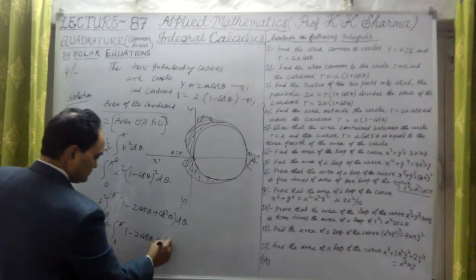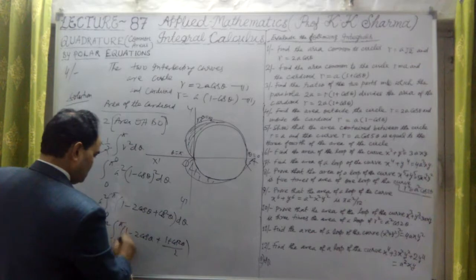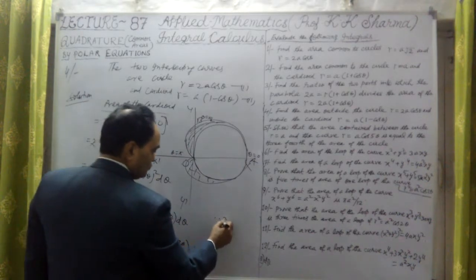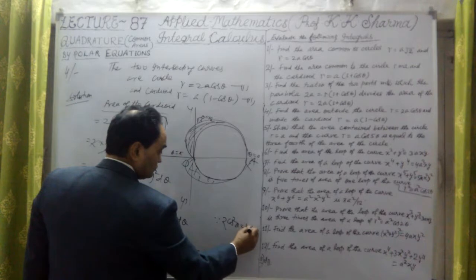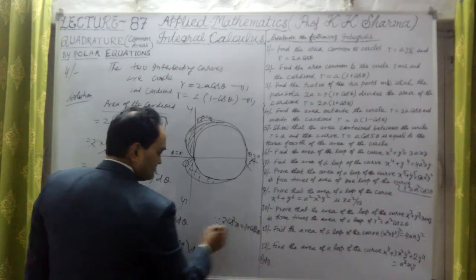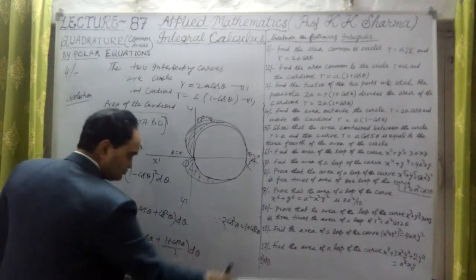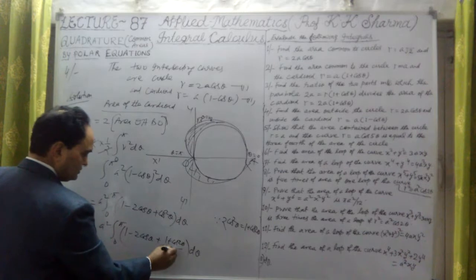Here cos square theta is 1 plus cos 2 theta upon 2, d theta. Since cos 2 theta equal to 2 cos square theta minus 1, therefore cos square theta equal to 1 plus cos 2 theta upon 2.